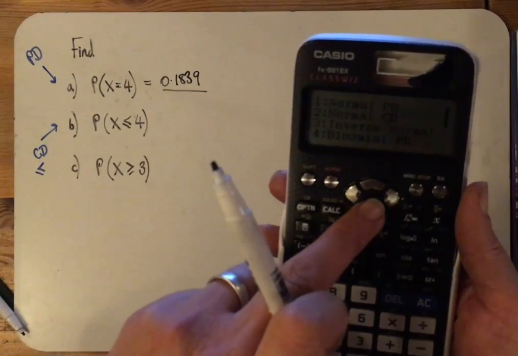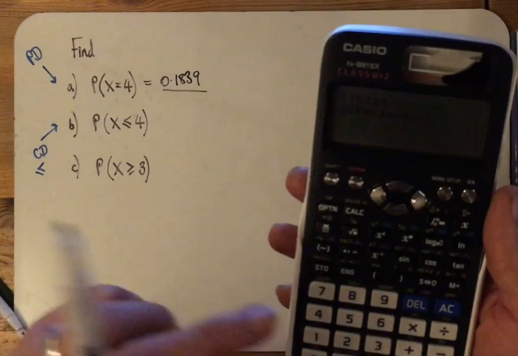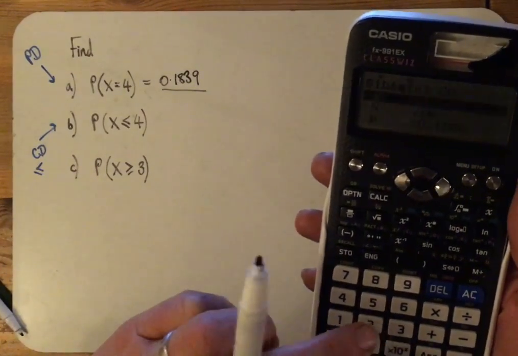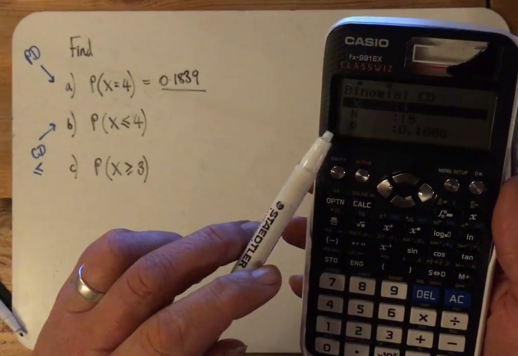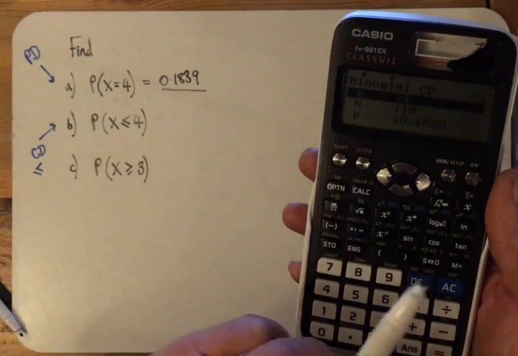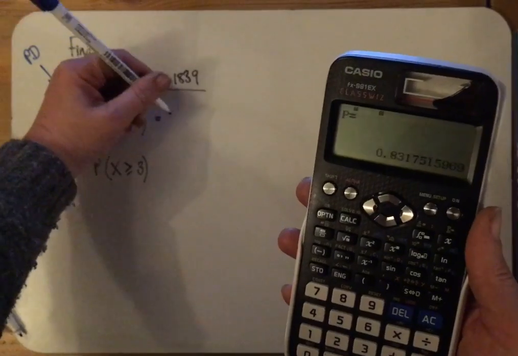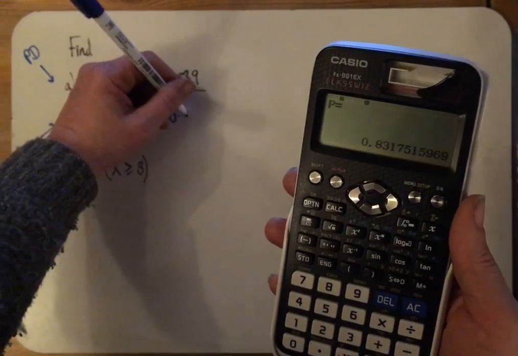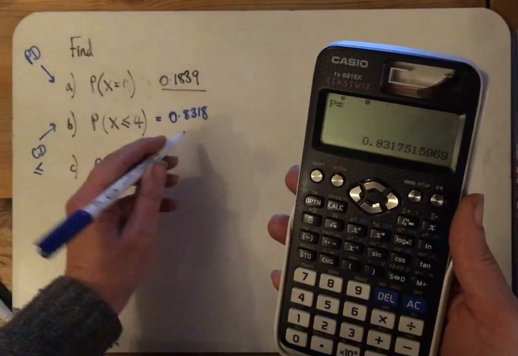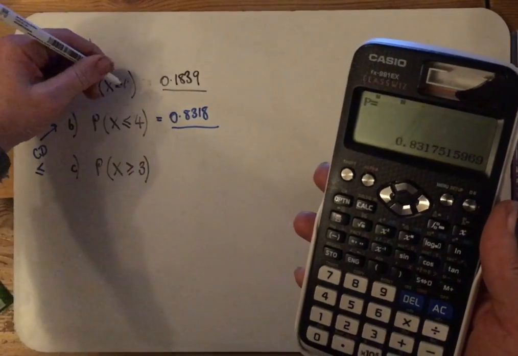So I need to scroll down, and option 1 is binomial CD, that's cumulative distribution. I want a variable again. X is 4, n is 18, p is saved from the other one, and this is 0.8318 for that one there.